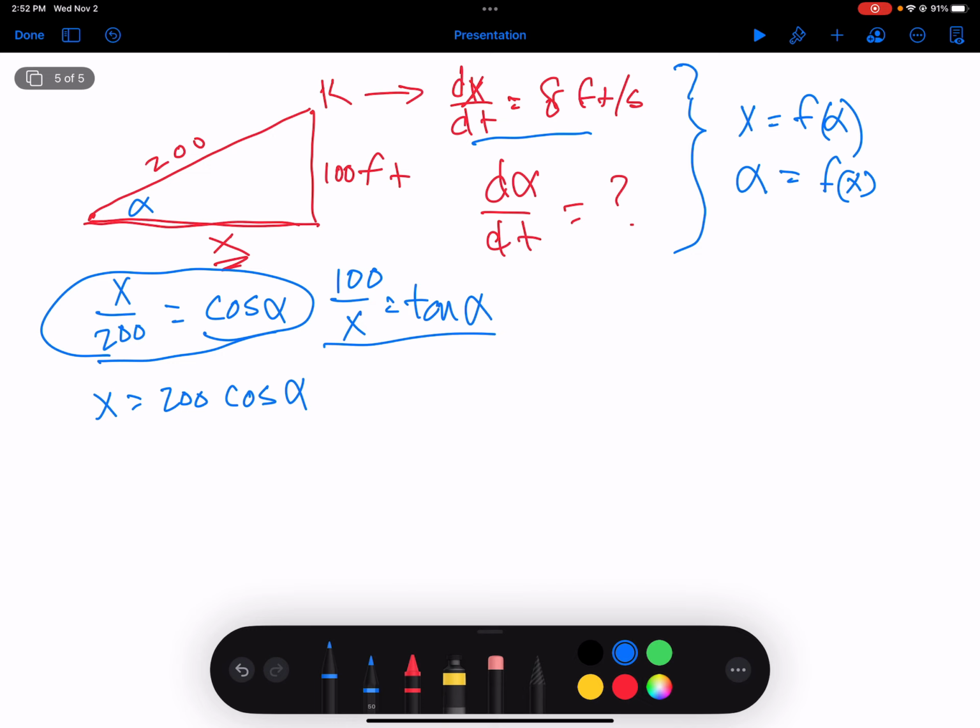The next step that I'm going to use is a little different than the technique they recommend in the book, but it really comes down to the same thing. What we're going to do is something you did last year, which is take the differential of each side of the equation. And if you remember, it's very easy to do.